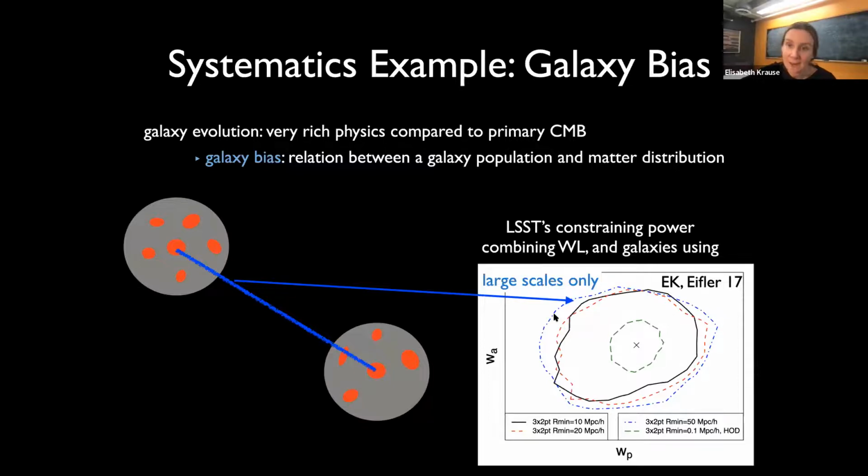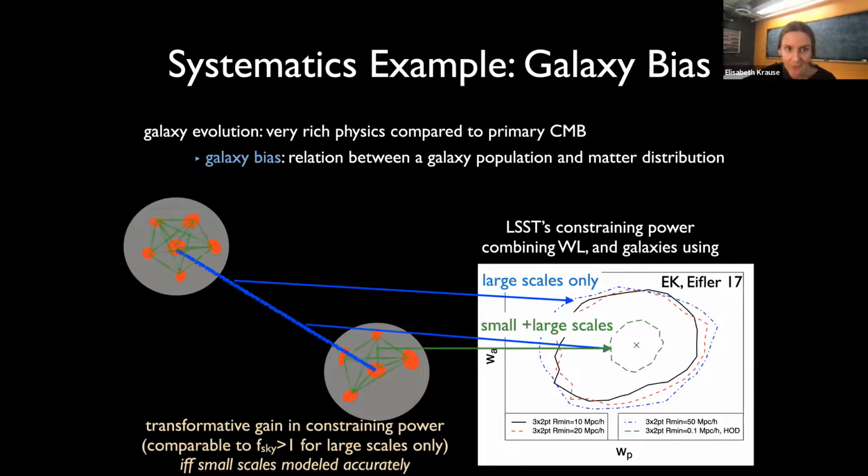And if we additionally think that we can also model the clustering of galaxies within halos, illustrated in green here, which comes at the cost of a bunch of additional systematic uncertainties, which we at least partly include in this analysis, we arrive at these green contours.